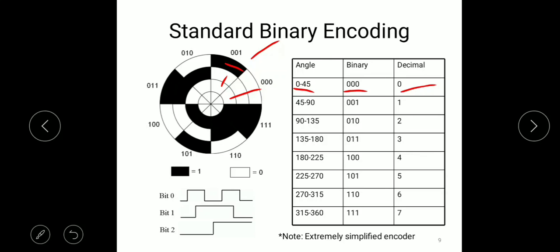The disk is coded from 0 to 360 degrees, since the maximum rotation of a disk is 360 degrees, with binary coded decimal as well as decimal.